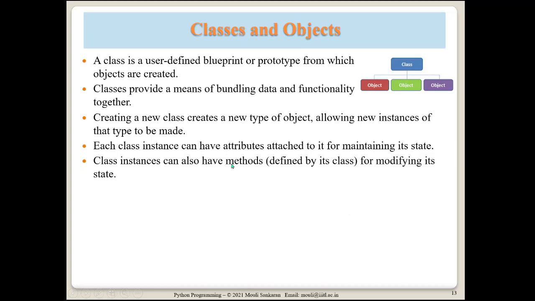Attributes are nothing but the data within the class or within the object. You can have attributes at the class level as well as at the object level. Class instances can also have methods defined by their class for modifying their state. So methods are used to modify the attributes of a class or an object.